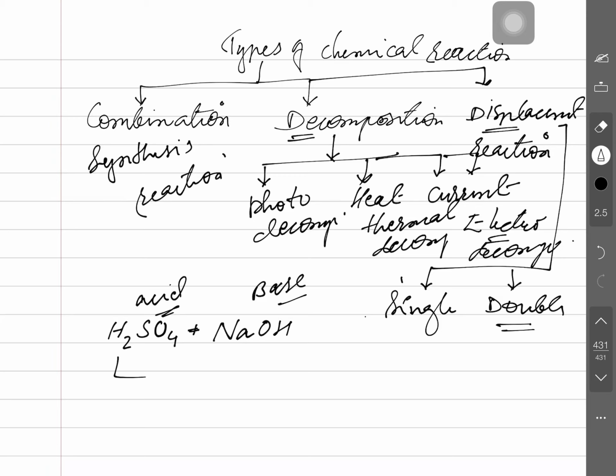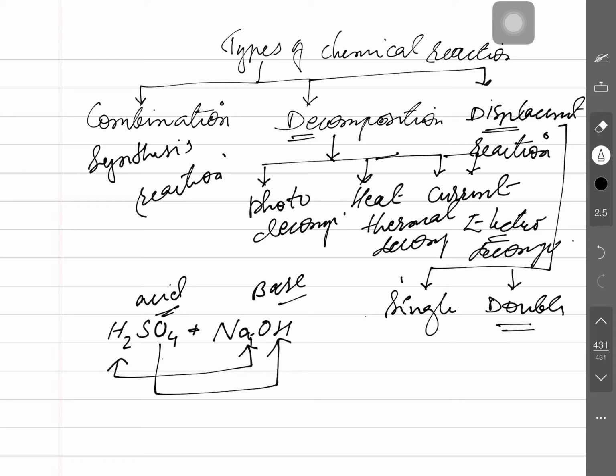So this hydrogen will be displaced by sodium, and the hydroxide will be displaced by sulfate. So we can say sodium will displace hydrogen and sulfate will displace hydroxide from this. So we can say this is a double displacement reaction.